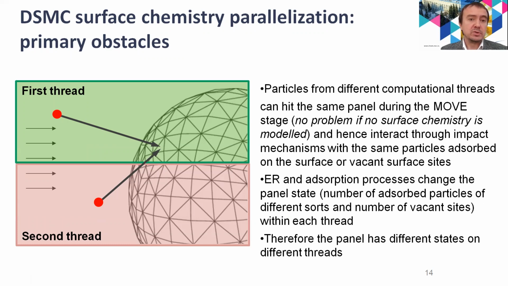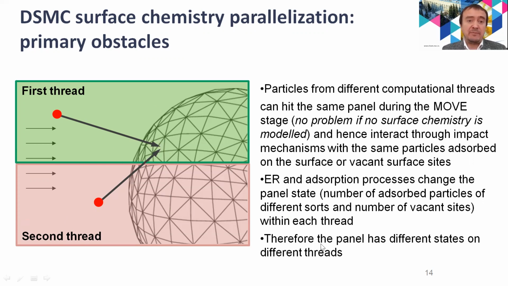Another option is to try to divide this computational trajectory into some sub-trajectories which belong to different threads. And in this case, we have different states of this panel, different populations of different species on the surface at the end of the move stage. And it's not really clear how to merge these sub-trajectories into one particular state of the panel.